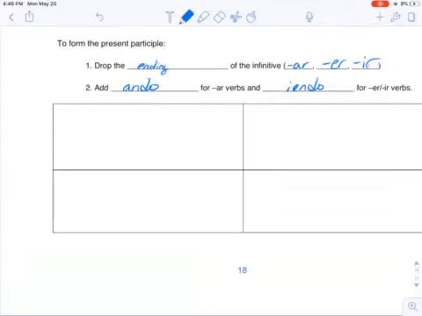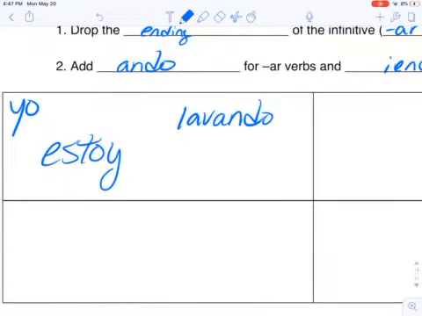So let's practice conjugating a couple of verbs together. For the subject yo, first of all, what's your form of estar? Estoy. And then if it was the verb lavar, I would cut off the AR and add ando. If your verb was correr, I would cut off the ER and add the ending yendo, corriendo.